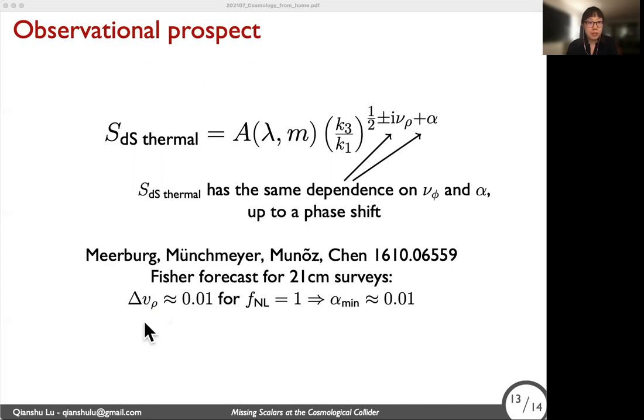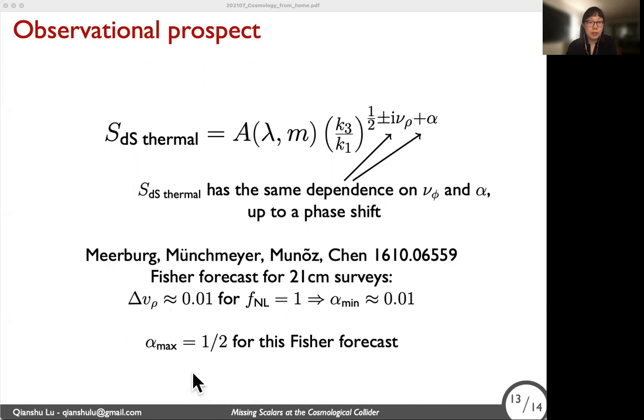Now, assuming the Fisher forecast is roughly phase independent, we have translated their results on the accuracy of mu rho into an accuracy for alpha, roughly 0.01.